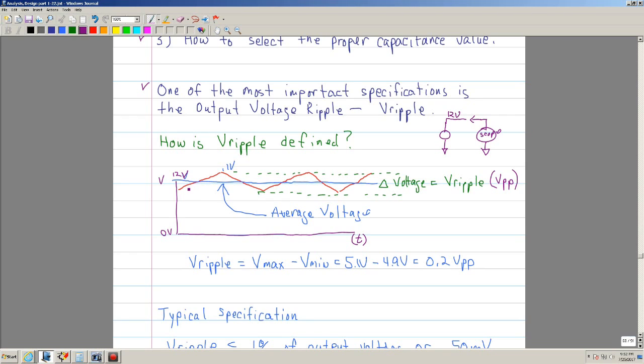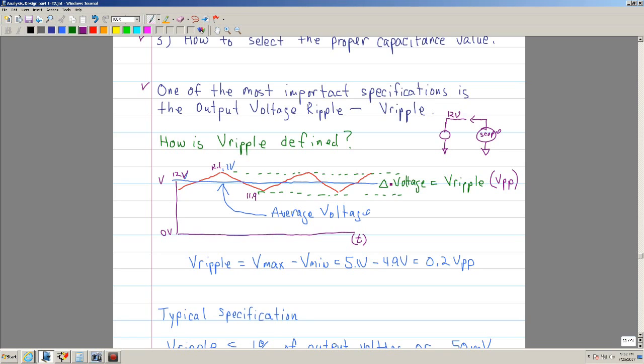But then you'll have a little bit of a peak and valley. This maximum may go to 12.1 volts, and it may go down to 11.9 volts. So you have this where it's going up and down, up and down.